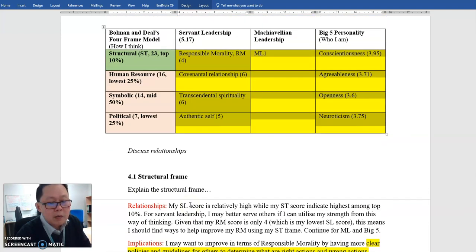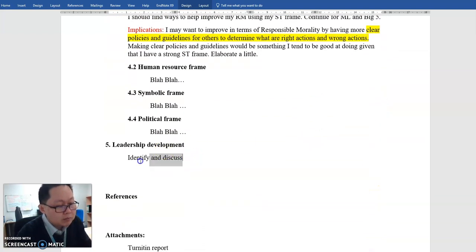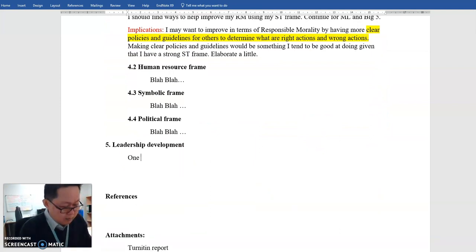So for me, let's say for example, I will just take neuroticism. I would say one area I would like to develop in respect to leadership is emotional stability.